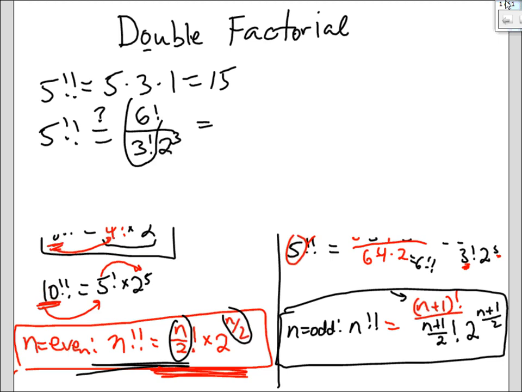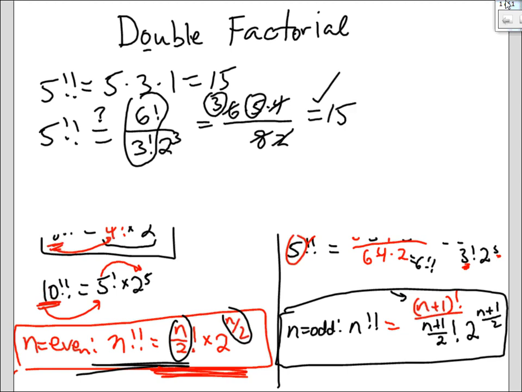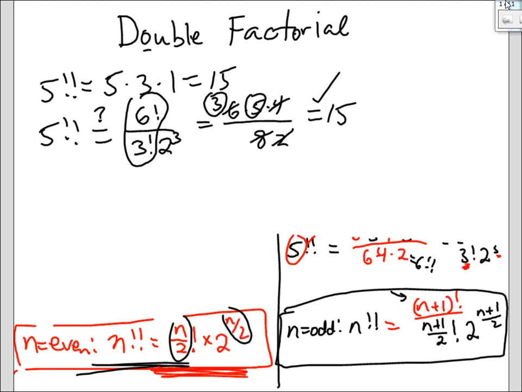Well, this is going to be 6 times 5 times 4, and 2 cubed is 8. Well, 4 goes into the 8 2 times, and 2 goes into the 6 3 times. We're left with 3 times 5, or 15. It did work.